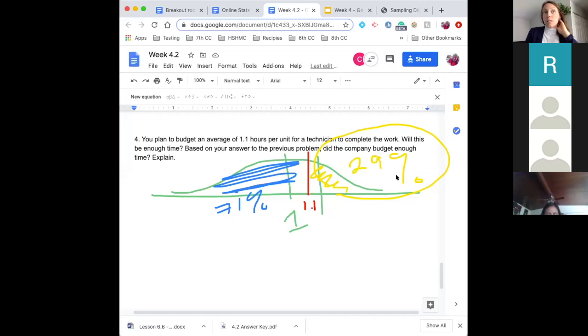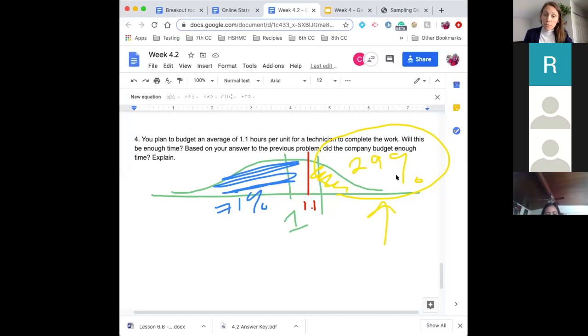But what I'm saying is, when you're making a budget and you know that 30% of the people go over 1.1 hours, if I only have enough money to pay you for 1.1 hours, is that going to ruin my budget?